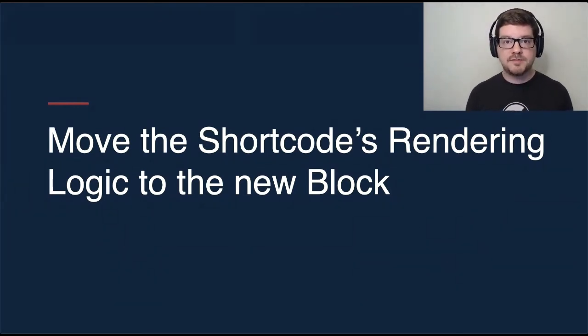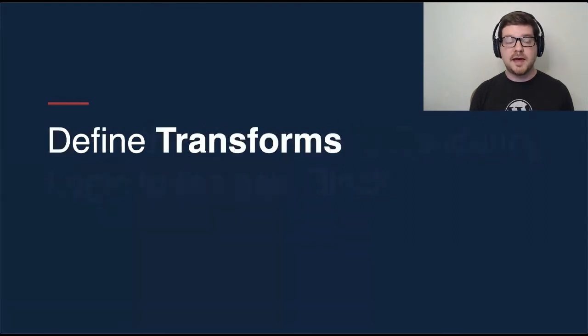And one of the most important things that we found you need to do when you're migrating a shortcode is not just defining the editor interface, not just registering attributes. You can learn about those on the Gutenberg documentation, the Block Editor Handbook, and other talks, but I want to talk about transforms, because this is, for me, the killer feature of the block editor from the standpoint of bringing forward a legacy site.